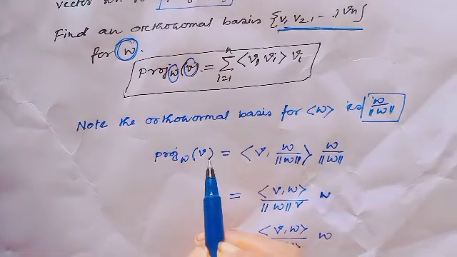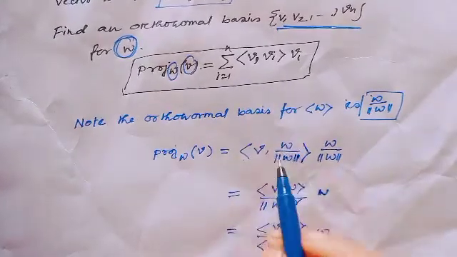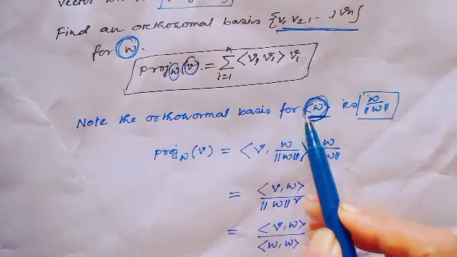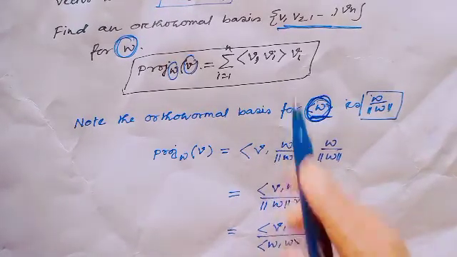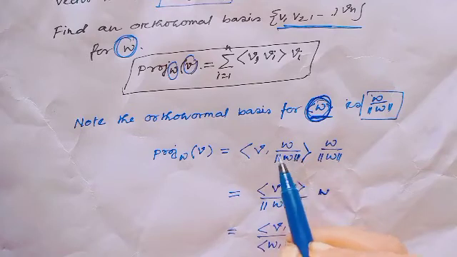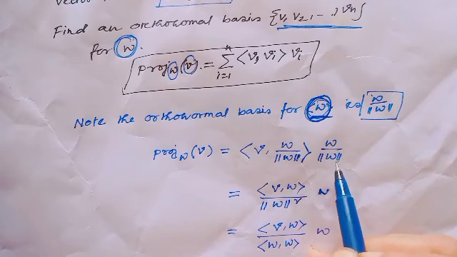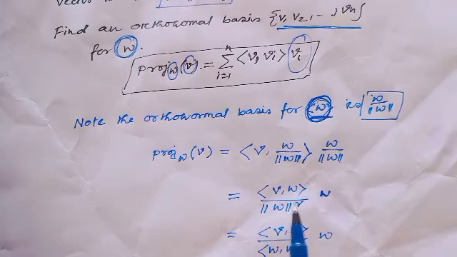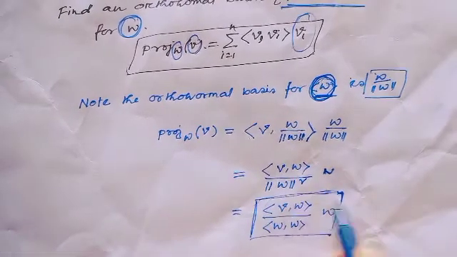Therefore, the projection of v on the subspace W is by these rules; since vi is an orthonormal basis, the inner product of v with w over norm w, times w over norm w, is actually the inner product of v with w over norm w squared, times w. Then actually this is the formula.